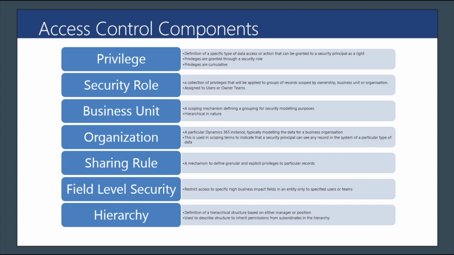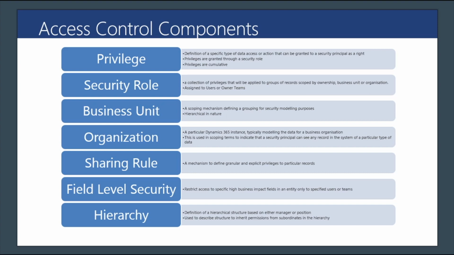A sharing role is a mechanism to define privileges to particular records in the system. So provided a user's security role grants them permissions to share records, a particular user has the ability to select records that another user might not normally have access to and share them with the user, so that they can view the records or perhaps edit them as well.